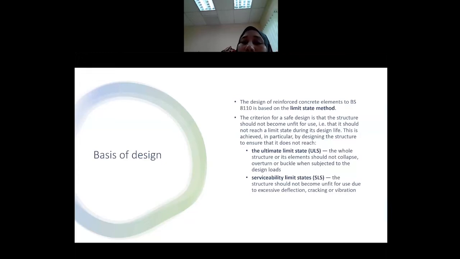Ultimate limit state is more about making sure that the structure does not fall, meaning it is safe. It looks into the strength of the structure itself, to make sure it is fit to be used. Fit to be used is not in terms of appearance, but in terms of strength, meaning it can sustain load as it was designed.